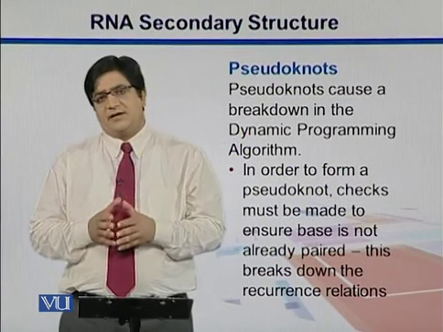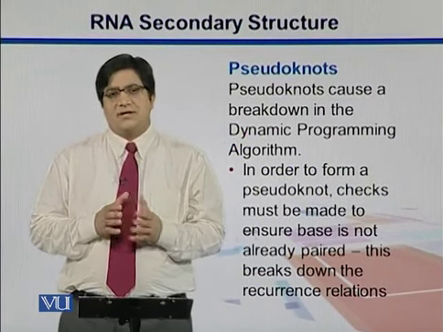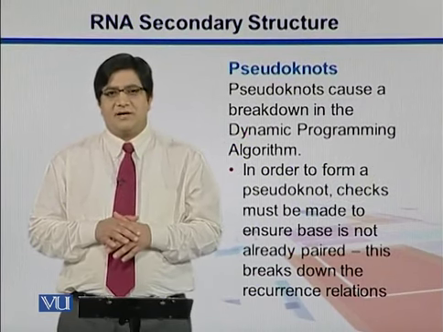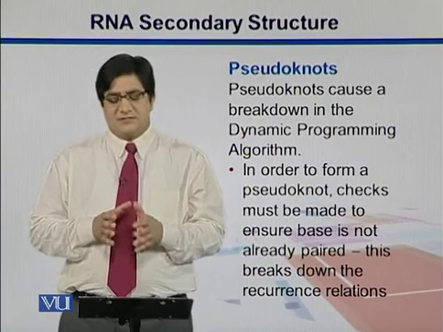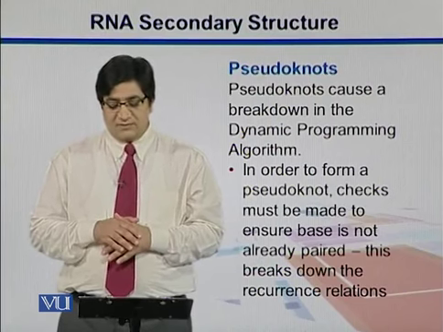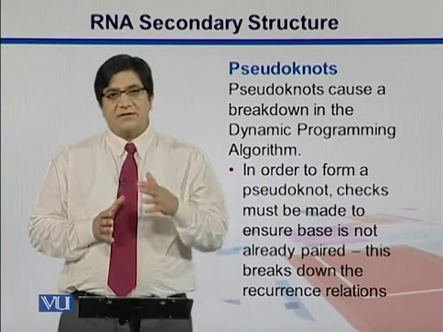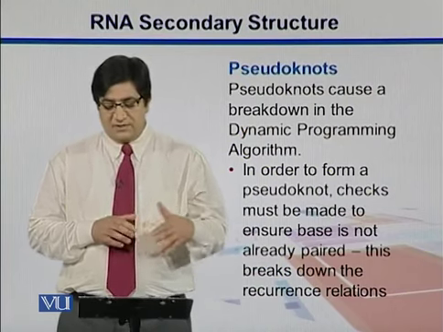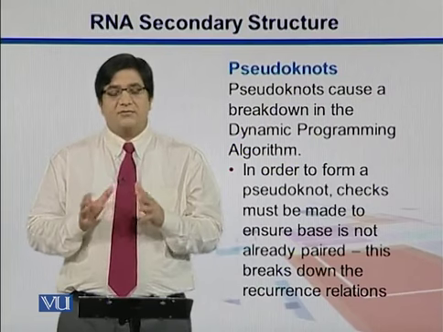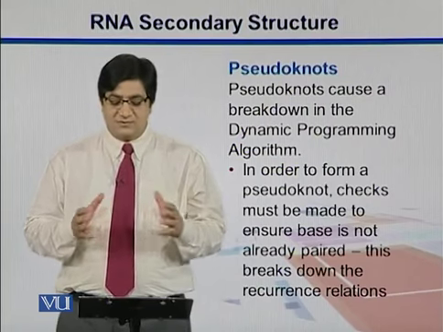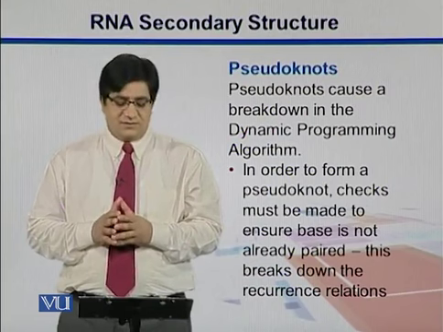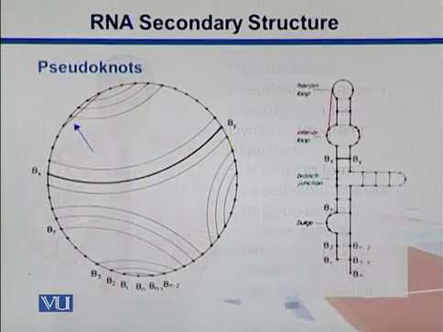As I said earlier, that is a good test of the reliability of the algorithms to predict these pseudoknots. One more thing that must be checked is that the base is not already paired. If it's already part of the pairs, this might break down the recurrence relationship. So these pseudoknots have always been issues with these algorithms.